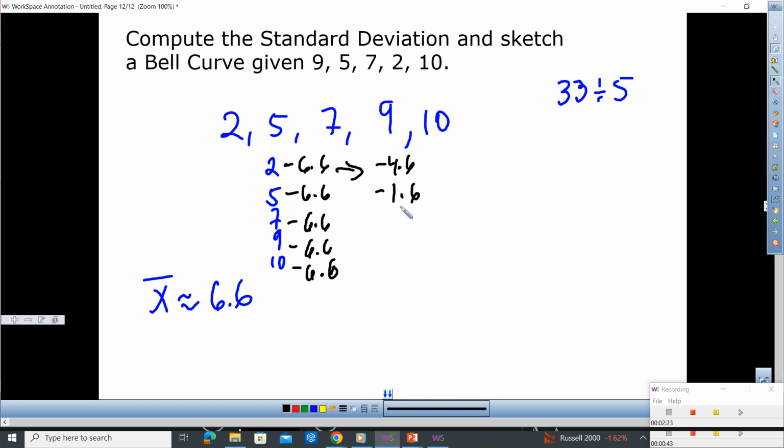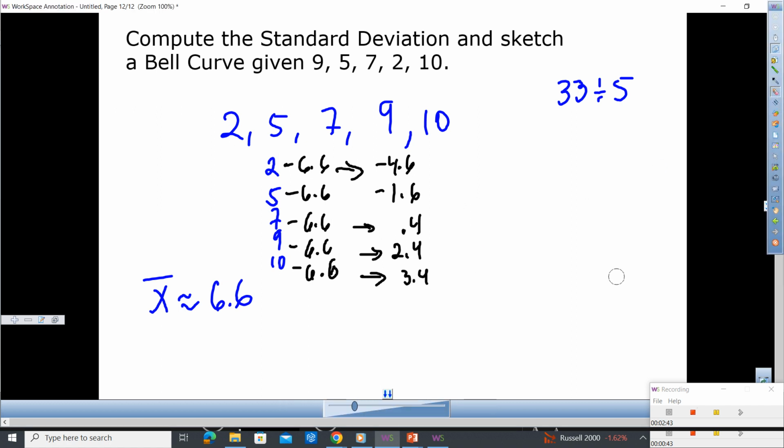Negative 1.6. This is negative 0.4. And this is 2.4. Oh, this is positive, sorry. Positive. And this is 3.4.